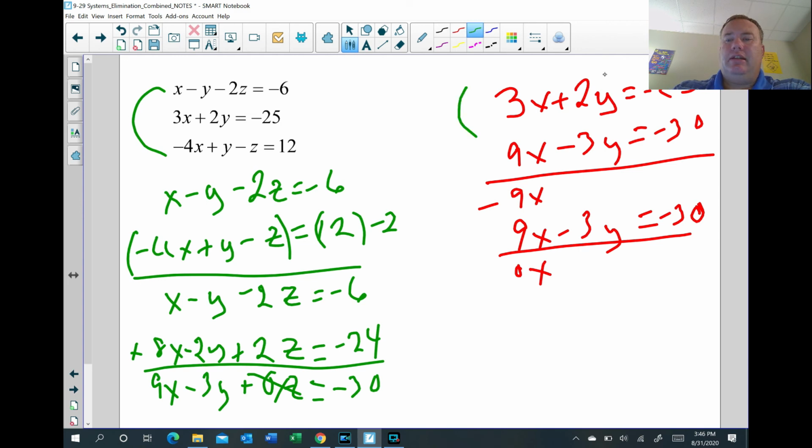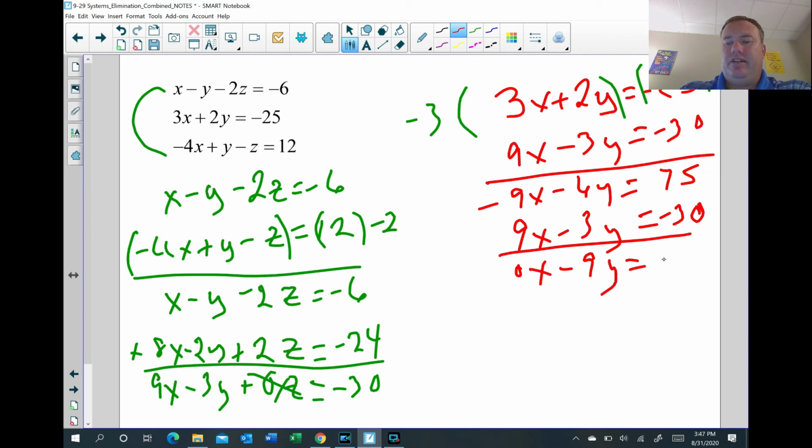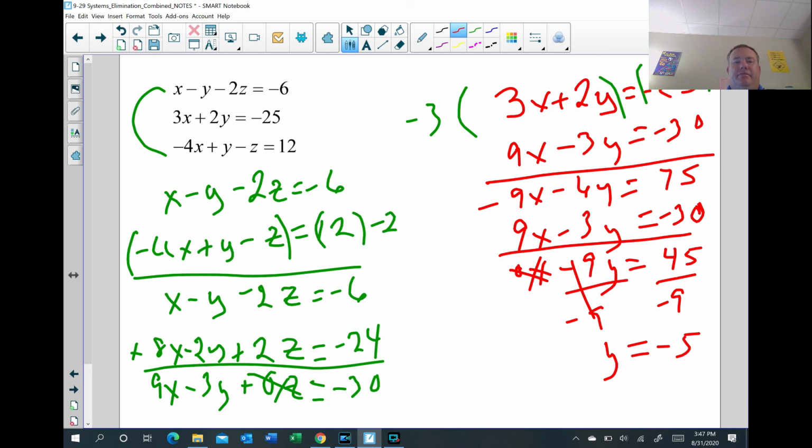If I want a negative 9x there, I need to multiply this whole thing by negative 3, and negative 3 times 3 gives me negative 9. From there, I'm going to get a negative 6y, and then negative 3 times negative 25 is 75. Add straight down, I'm going to get the 0x that I want, negative 9y, and 75 minus 30 is 45. x goes away, and I get negative 9. Divide both sides by negative 9, and I get y is equal to negative 5.